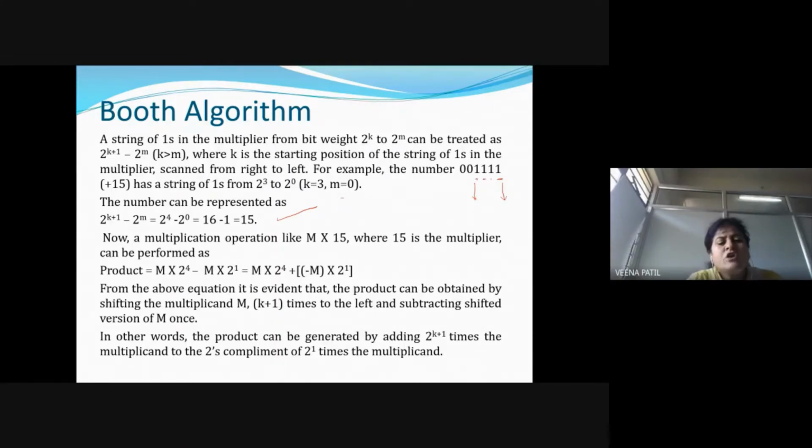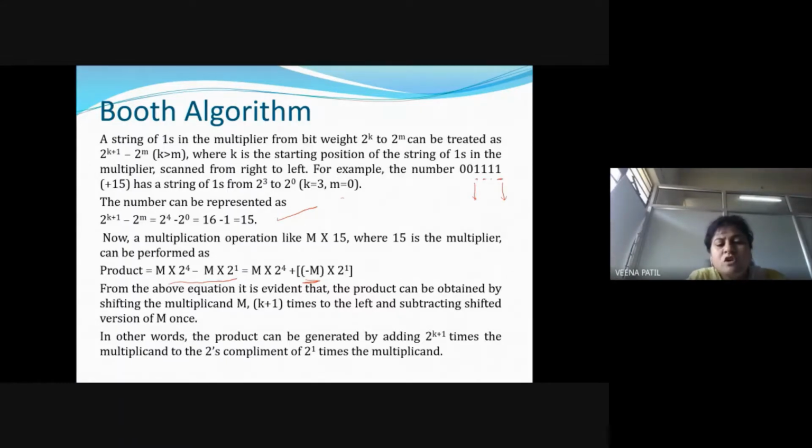Now a multiplication operation like M into 15, where 15 is the multiplier, can be performed as product equal to M into 2 raised to 4 minus M into 2 raised to 0, where we have just taken the minus into the bracket, so it becomes M into 2 raised to 4 plus minus M into 2 raised to 0.